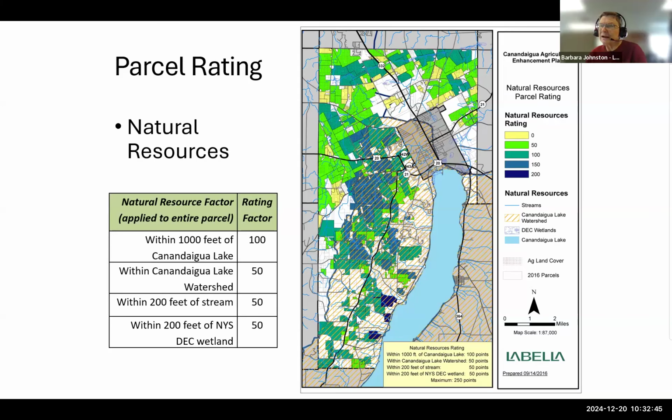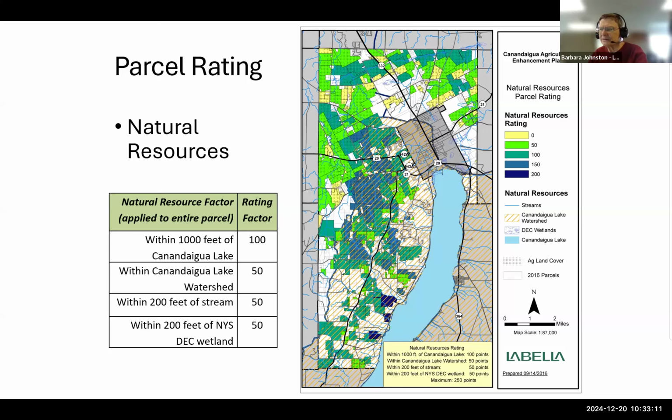Also, at that time, when New York State was doing their PDR, they used these factors, and they don't even use them anymore. So that purpose is no longer relevant, and we can update this map with a new purpose. I'd like to get your thoughts on that.